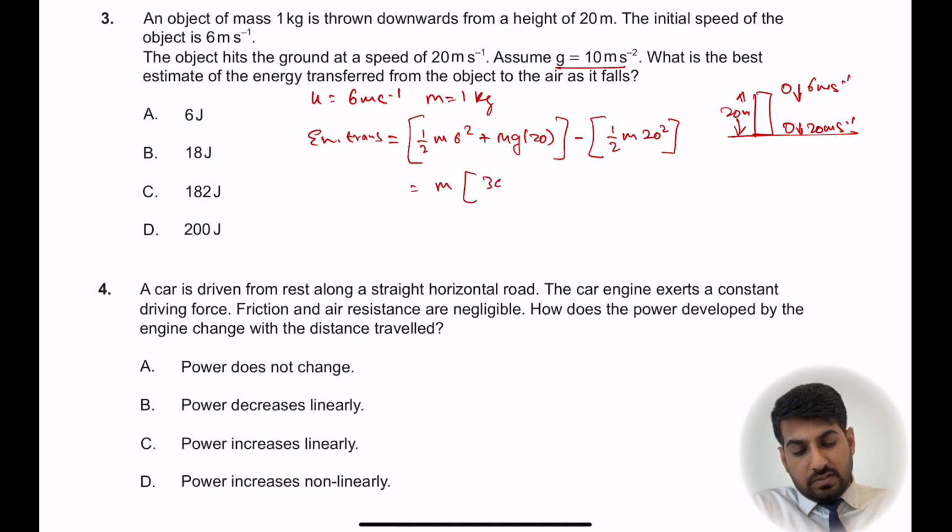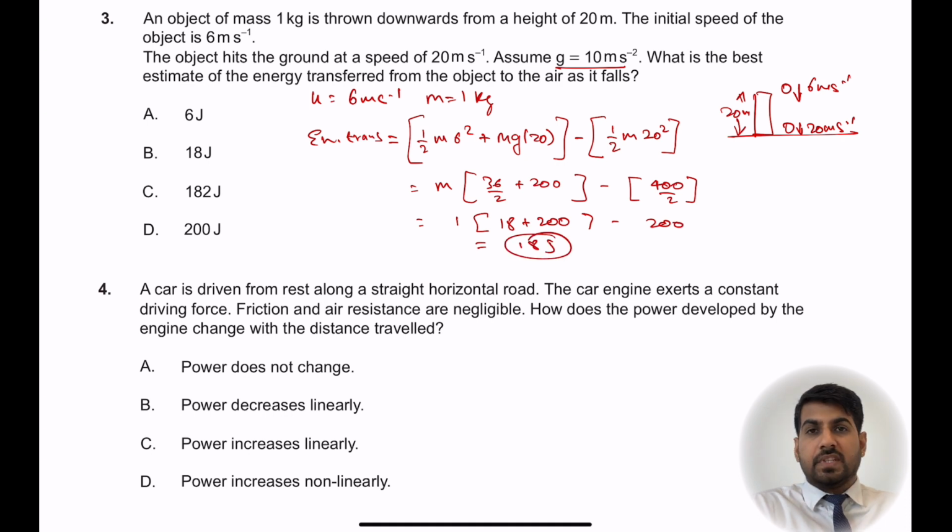So this is 36 by 2 plus 200 minus 400 by 2. Mass is 1 kg, so it will not have any effect. 36 by 2 is 18, plus 200, 218, minus 200. So the answer is 18 joule. Okay, so I hope it is quite clear. So option B is the right answer.